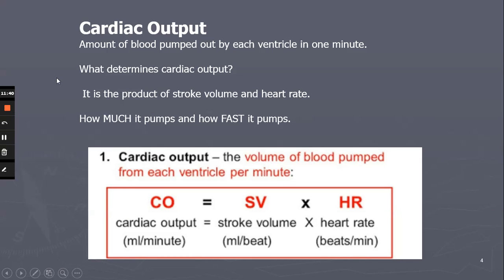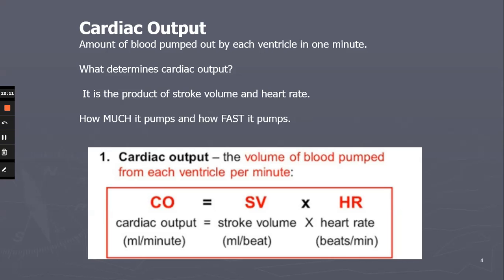Okay, the next concept that I want to talk about is cardiac output. So, what is cardiac output? It is the amount of blood pumped out by each ventricle in 1 minute. So, what goes into this cardiac output? It's actually the product of what we call stroke volume and heart rate.